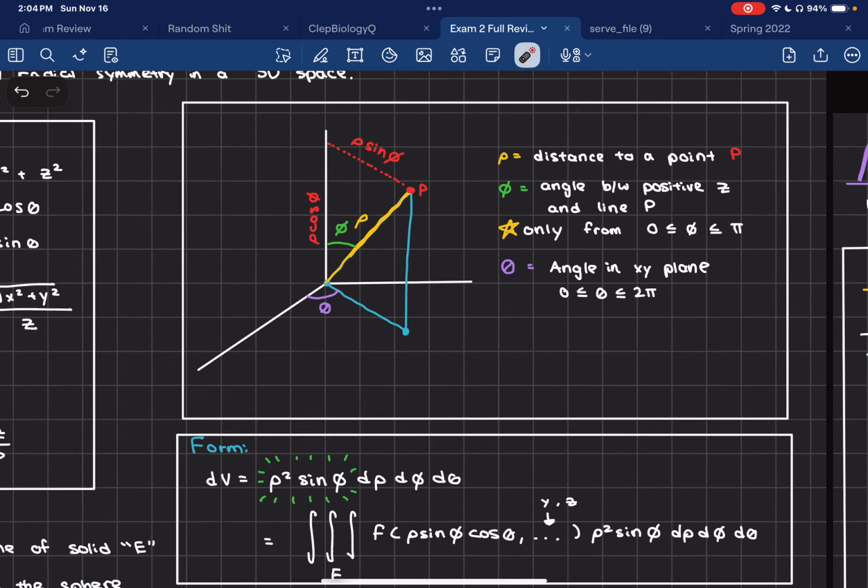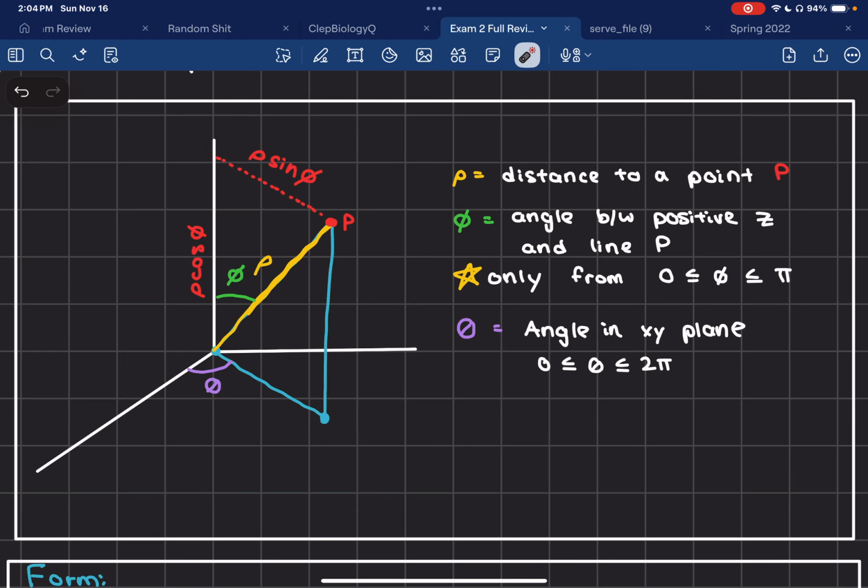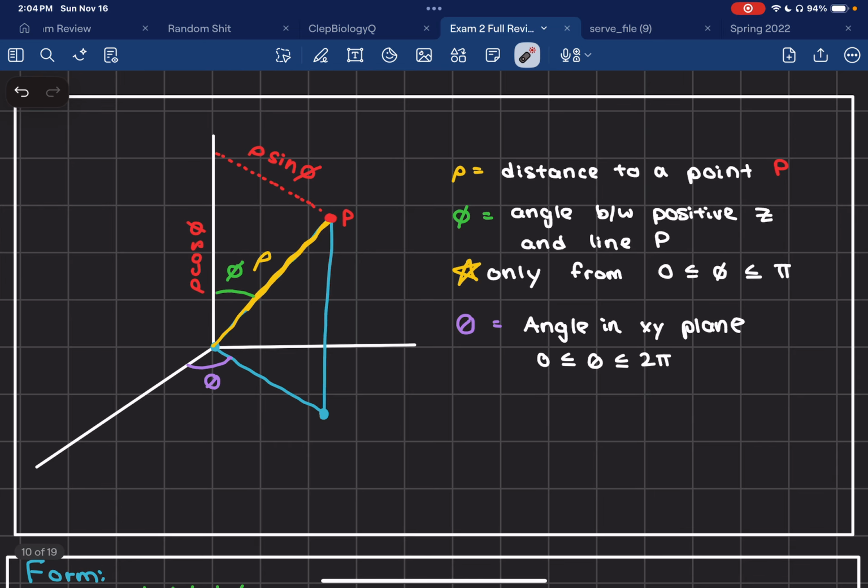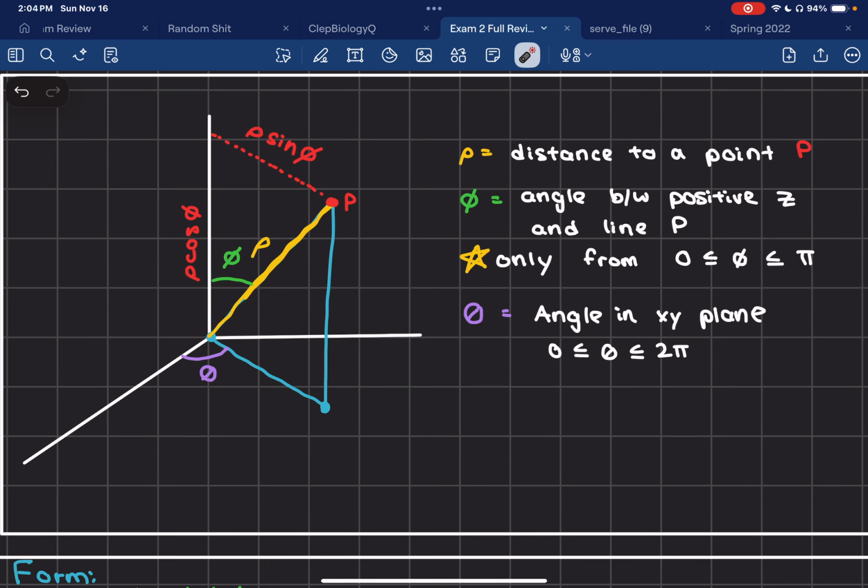And here's how you can imagine it. Your rho is the distance to an imaginary point P on the sphere. I'm actually going to go for theta first. Theta is still the same. It's just the angle swept in this xy plane.